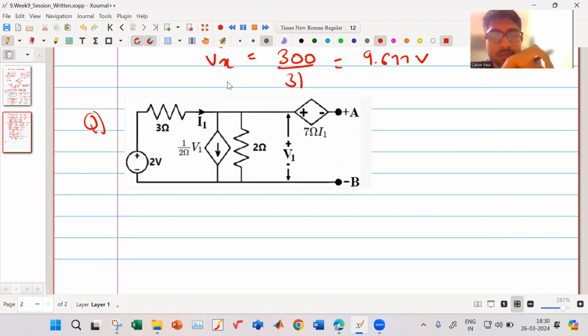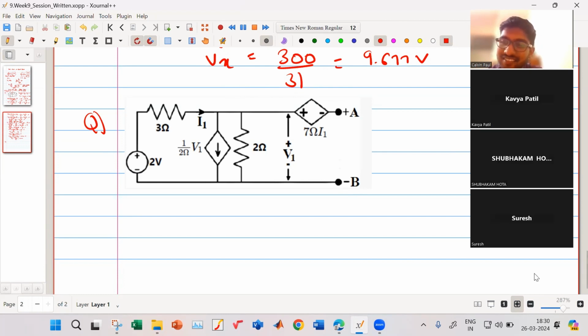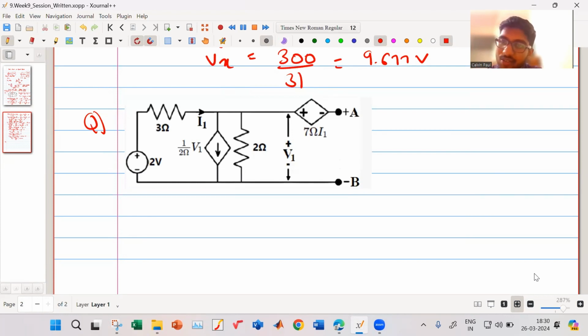What happened to everyone? They're just asking in common. There is one source, so there's no need to apply superposition.